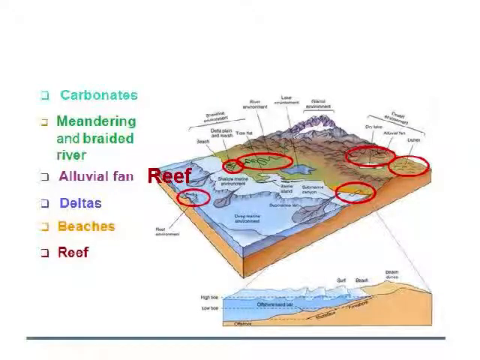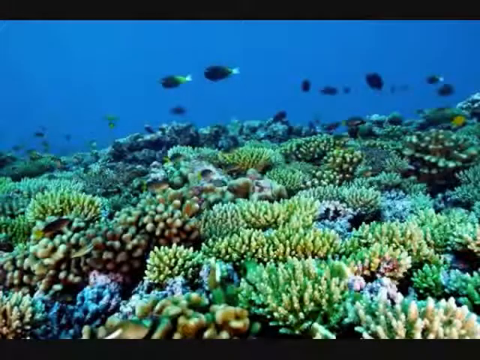Shallow water carbonate platforms, like reefs, are very important formations where we can find oil, especially here in the UAE. Here is an example of a reef. It is made up of coral and oceanic animals and plants. After these plants and animals died, their remains were buried and settled into sedimentary layers, lithified, and became sedimentary carbonate rock.